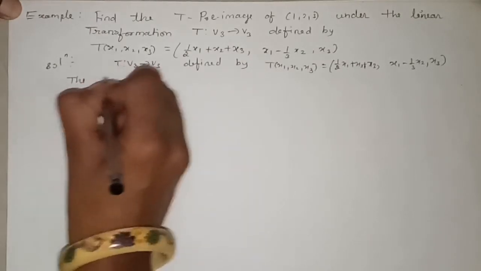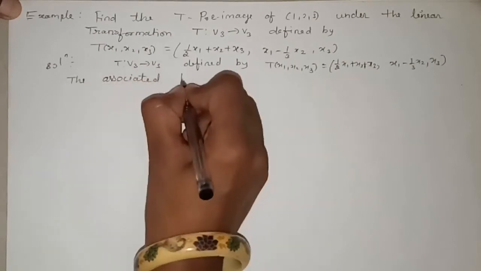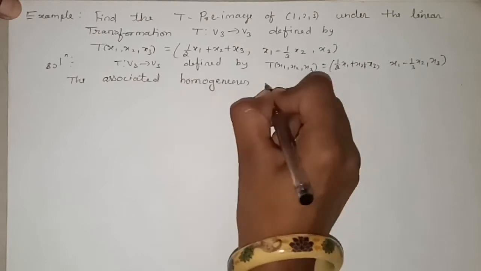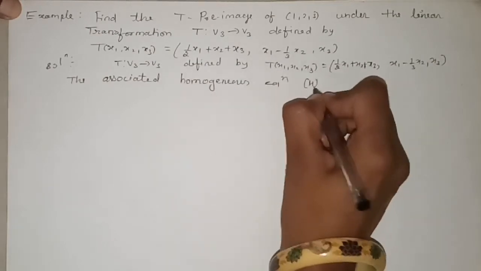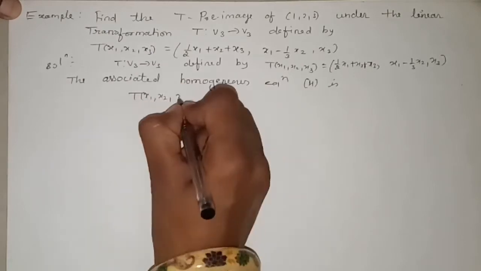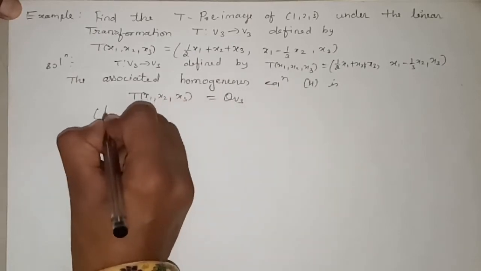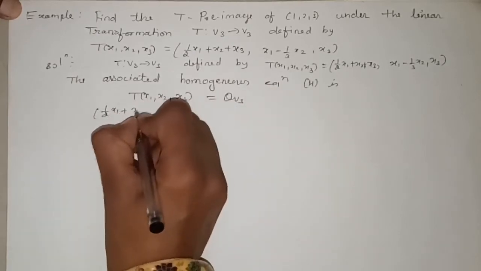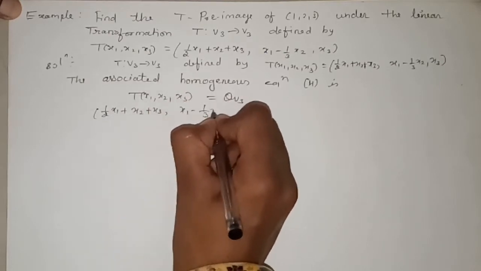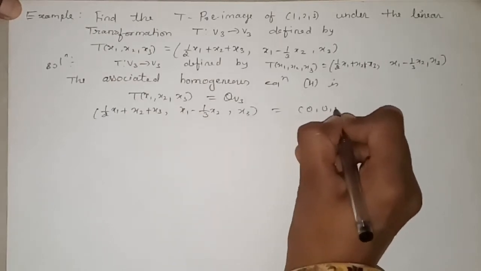The associated homogeneous equation is T of (x1, x2, x3) is equal to theta of V3, which is equal to (0, 0, 0).